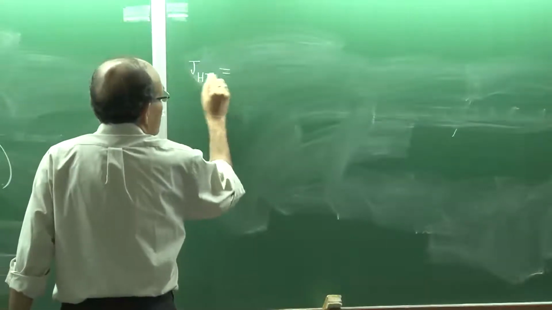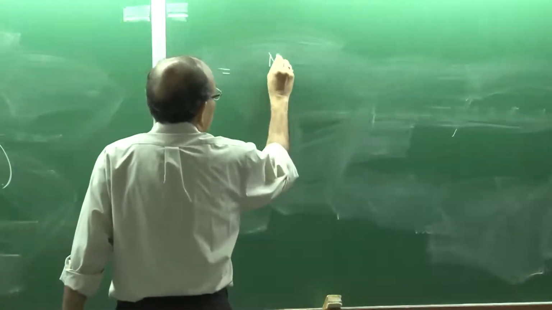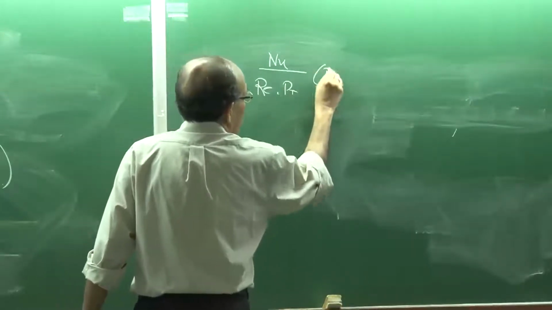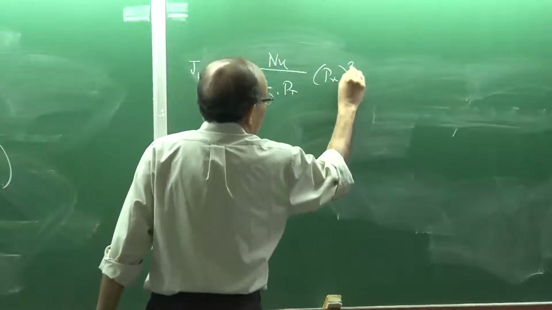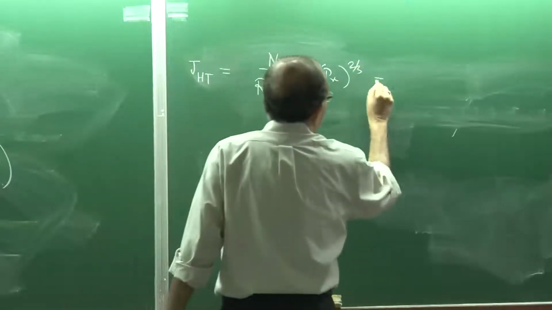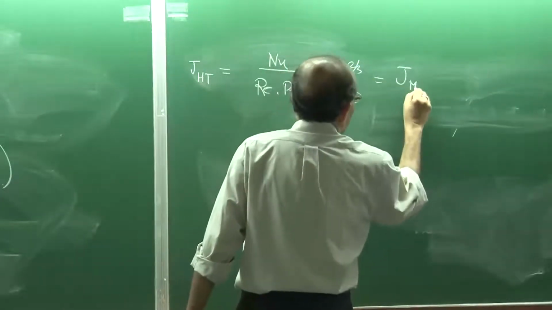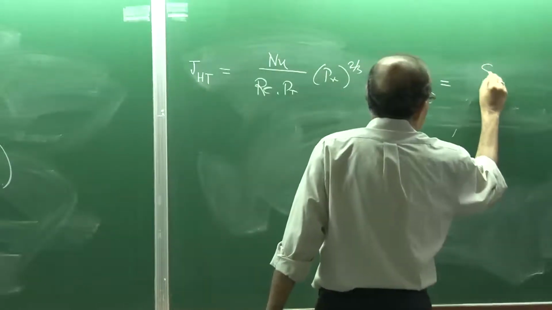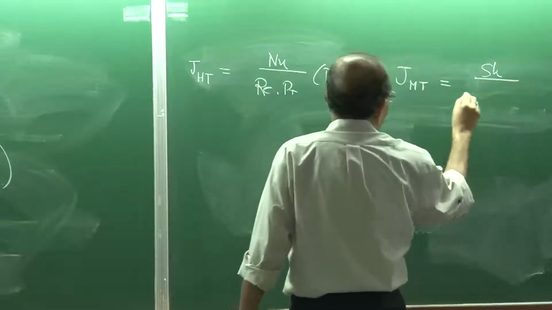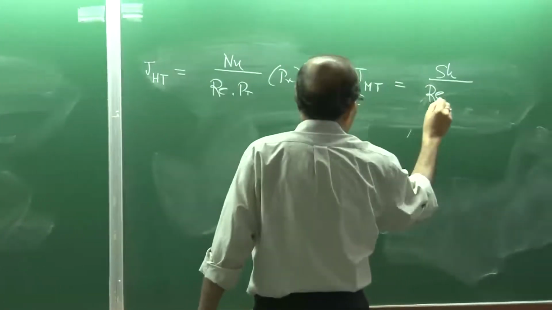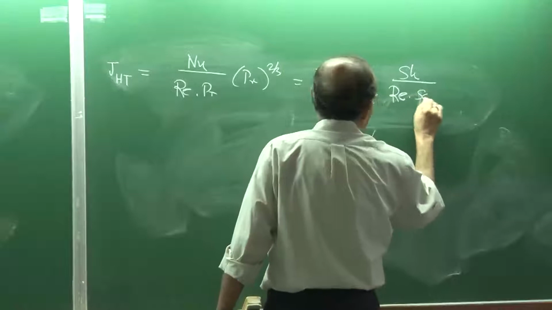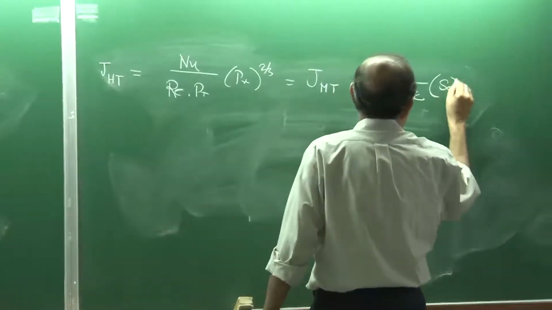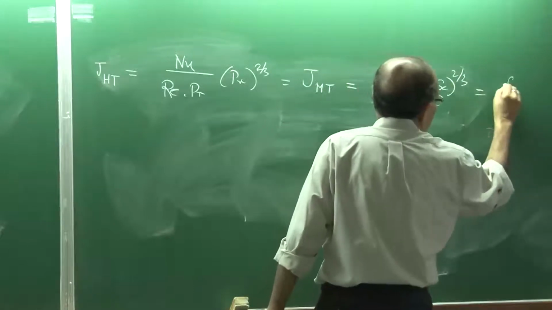The J of heat transfer is the Nusselt number divided by Reynolds number into Prandtl number raised to the power 2 by 3, and this is equal to J of mass transfer, where instead of Nusselt we get Sherwood, and then we have Reynolds, the derivation I am not going to show you, and the Schmidt number raised to the power 2 by 3, and that is equal to f by 2.